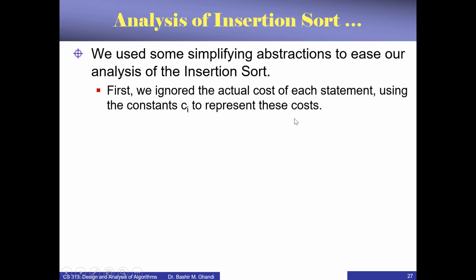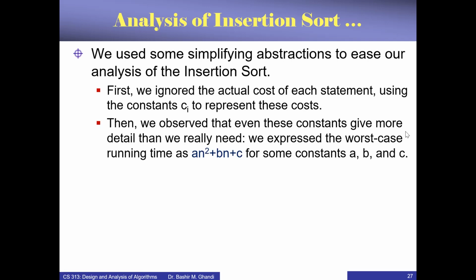You don't have to know the actual cost. The constants are enough to give you an idea of the performance of the algorithm. Then we observe that even these constants give more detail than we really need. So later on we simplify them into simpler constants a, b, c. Rather than saying c1 plus c2 plus c3, we just say a.